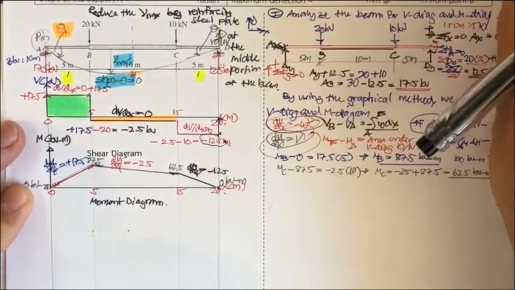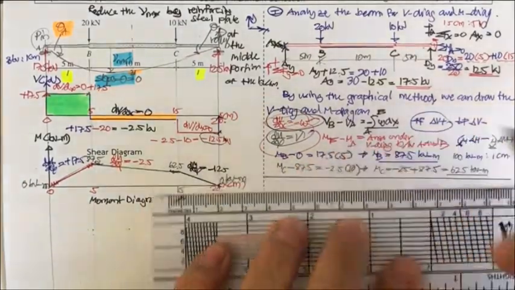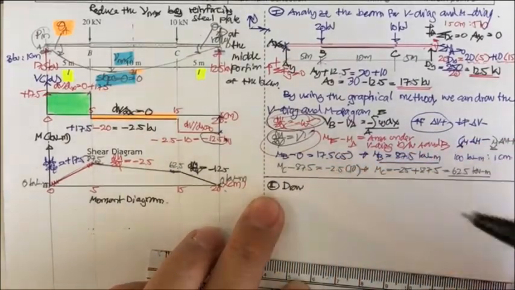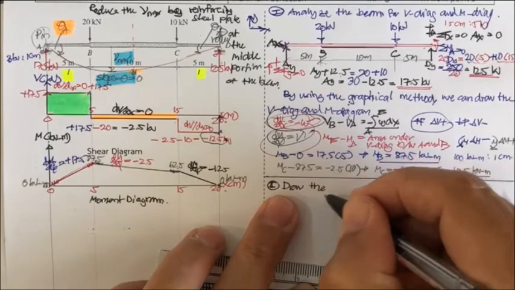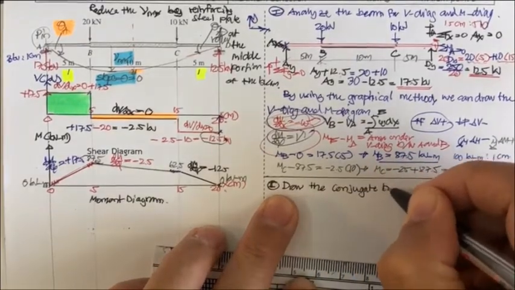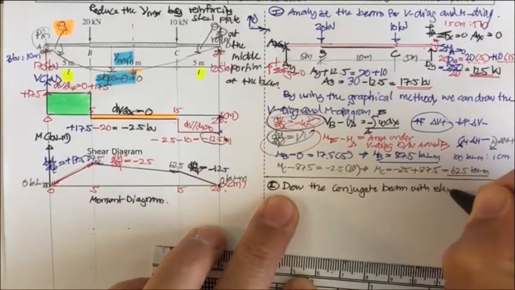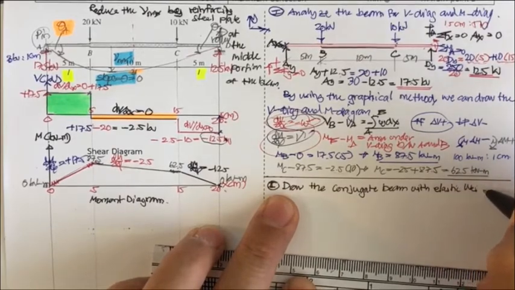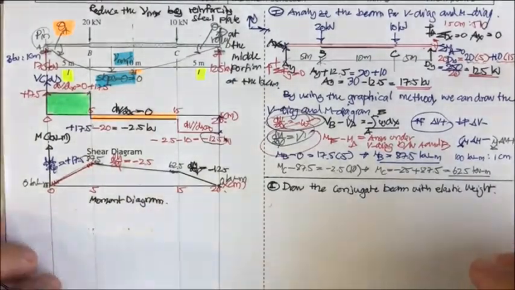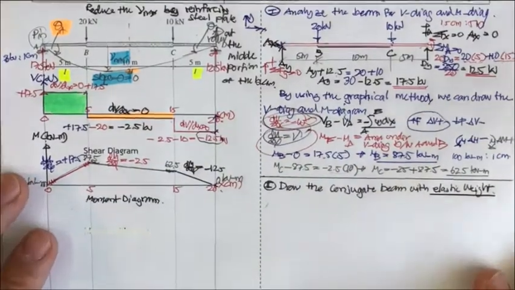Okay, now we finish our part, and second we draw the conjugate beam with what we call elastic wedge. Since I is different, this elastic wedge will need special care.